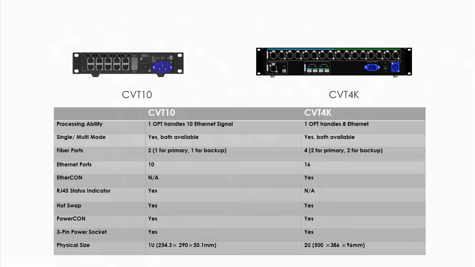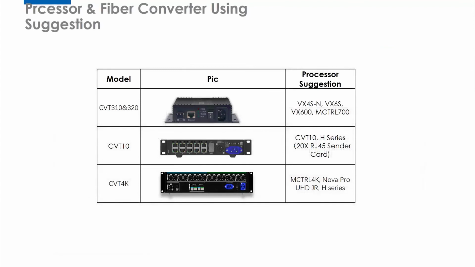Okay, so we finished the fiber converter introduction till now, but which fiber converter should work with which processor? Let me give you some suggestions. As you can see, today we gave the introduction about CVT310 and CVT320 and CVT10 and CVT4K.